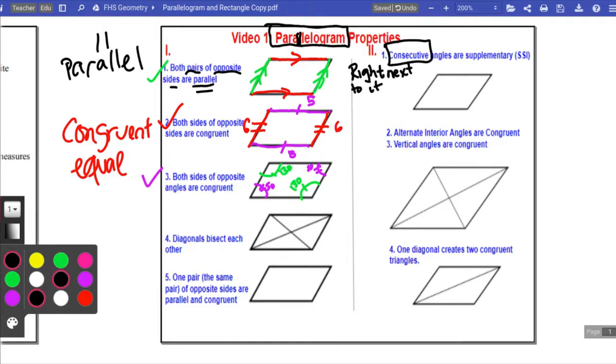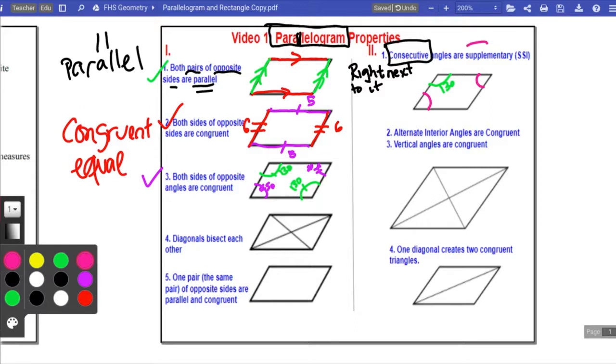So that means this. Remember when I said let's say this angle is 130, and I'm trying to figure out the measurement of its consecutive angle? Its consecutive angle will have to be either this or right there, directly next to it.